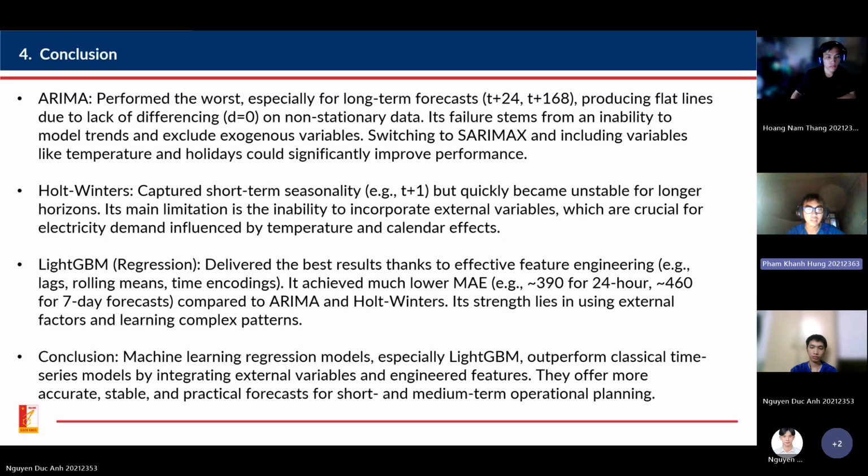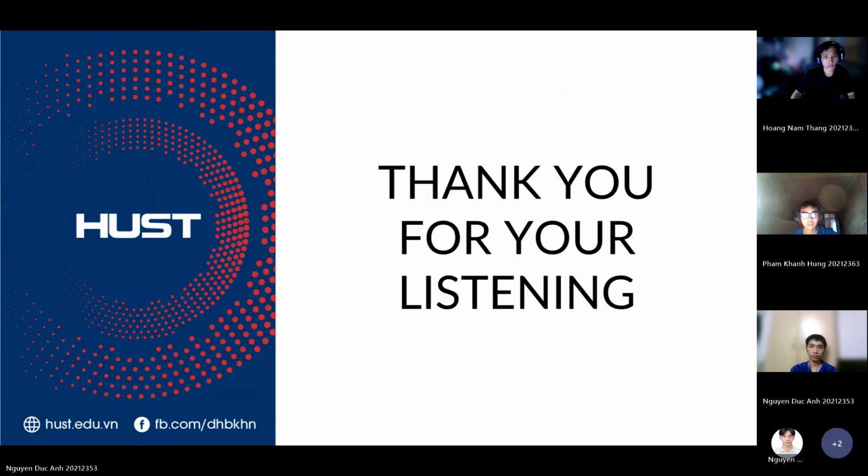Its strength lies in using external factors and learning complex patterns. Finally, machine learning regression models, especially LightGBM, outperform classical time series models by integrating external variables and engineered features. They offer more accurate, stable, and practical forecasts for short and medium term operational planning. Thank you for listening to our presentation.